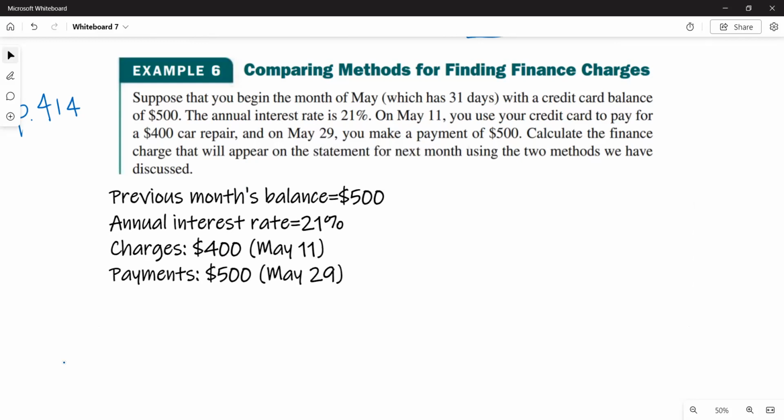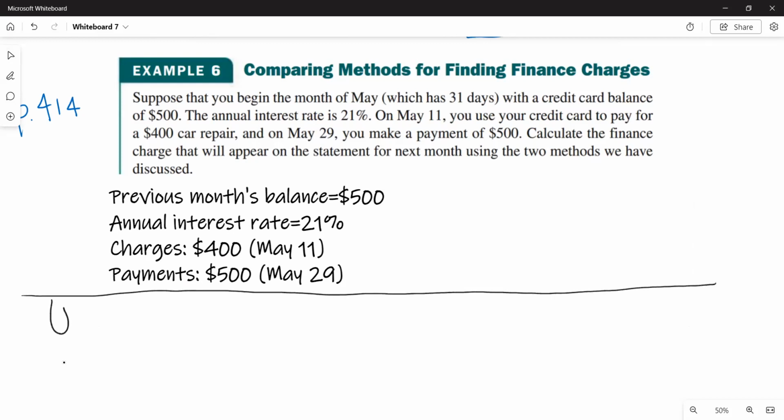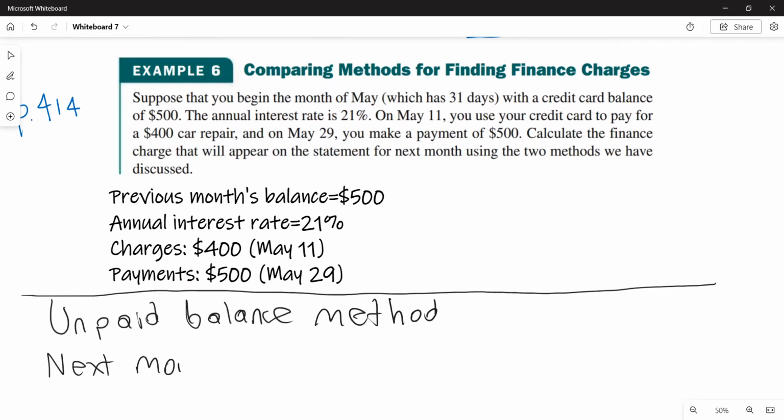Okay, so let's find the finance charge with the unpaid balance method. With the unpaid balance method, we have first the next month's balance, which is the previous month's balance plus the finance charge from last month.